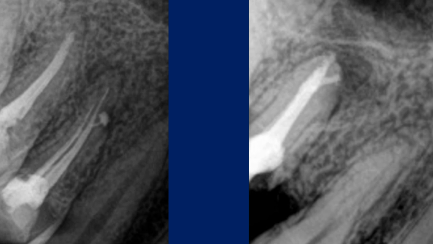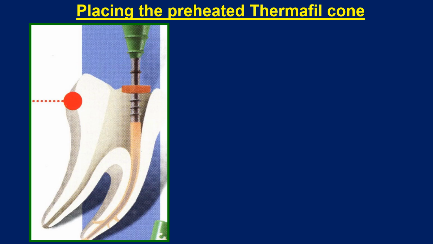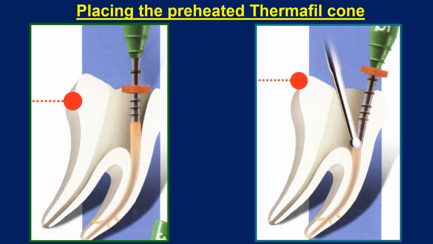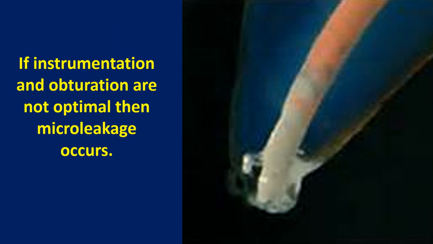It is very easy and fast, and as you can see here, many lateral canals were filled by this technique. After placement of the cone, you can remove the excess with any burr. So it is important that the sealer and the gutta-percha seal the apical region very nicely to prevent microleakage.